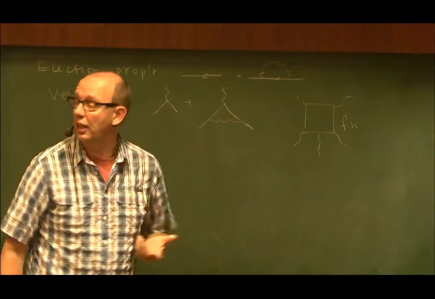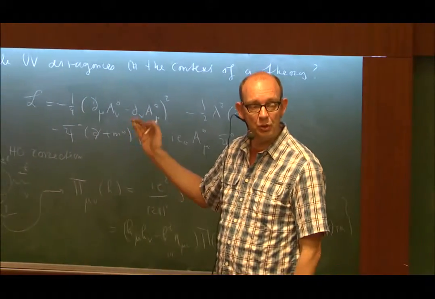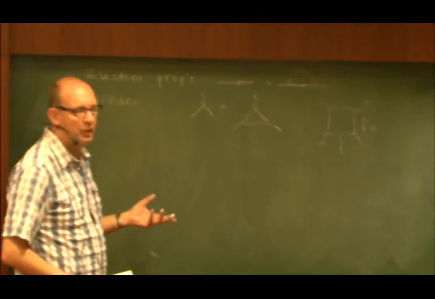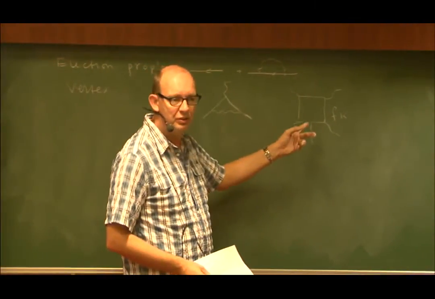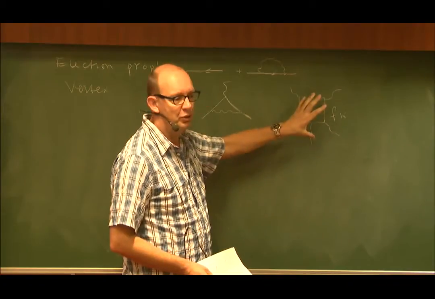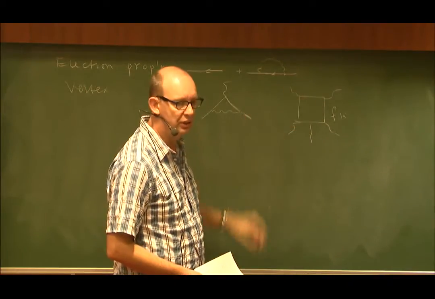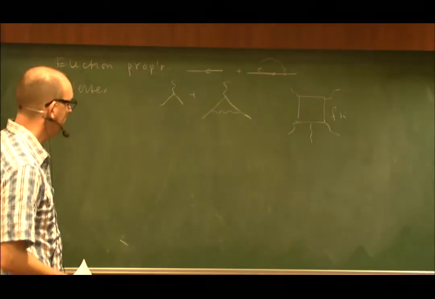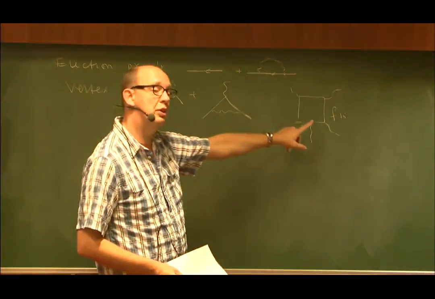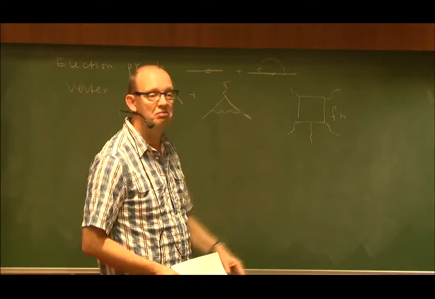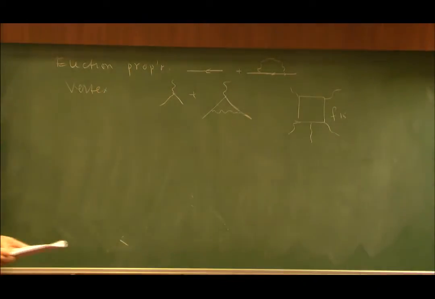In fact, 3 elements which already occur at lowest order in the Lagrangian. There was no divergence of something that wasn't there. Right? There was no 4-photon interaction, and indeed at one loop there was no divergent 4-photon interaction. There is a finite 4-photon interaction at one loop. But that's fine, that just comes out.